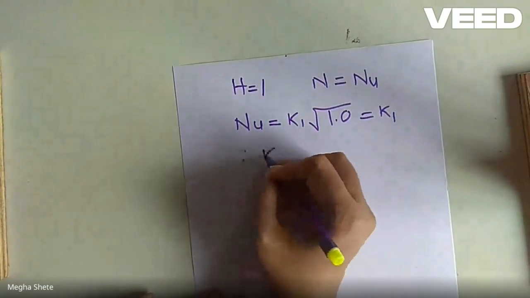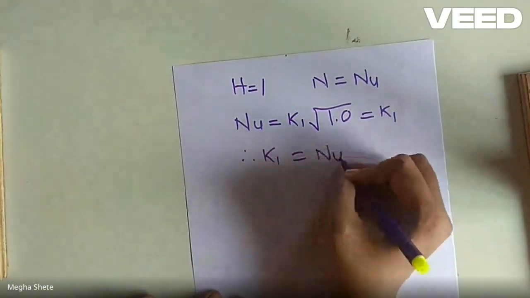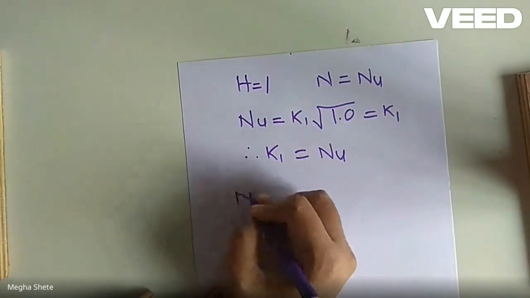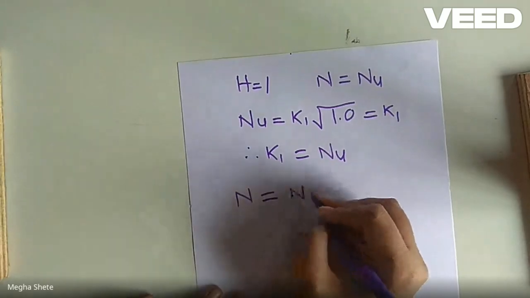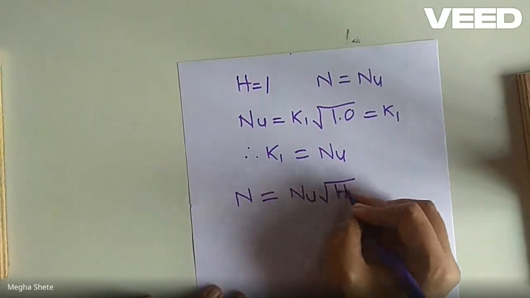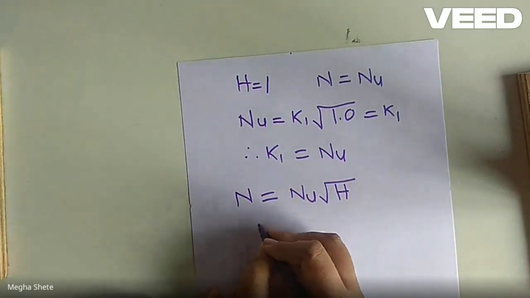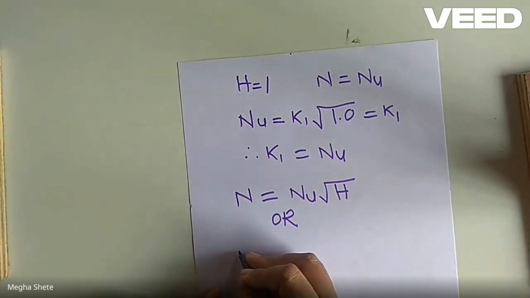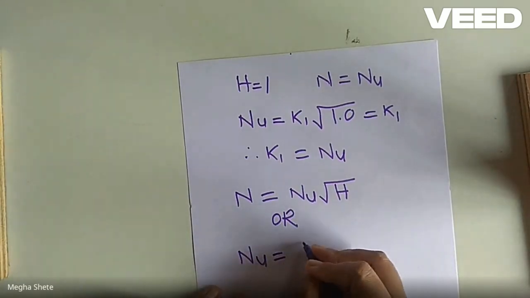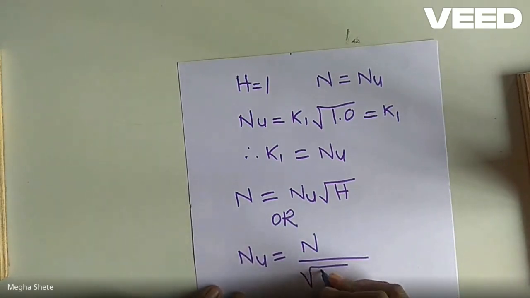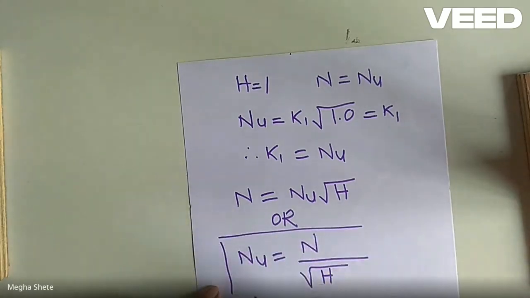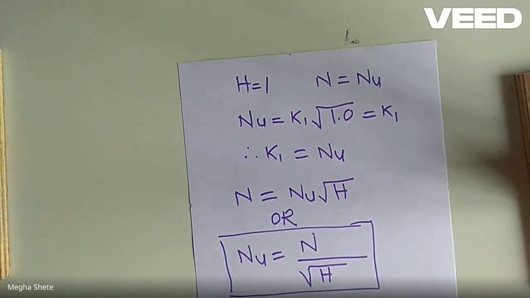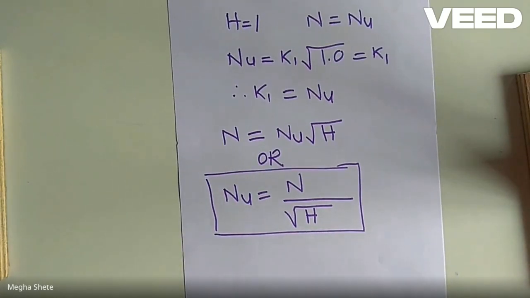Therefore, K1 is equal to NU. Now we can write it as N is equal to NU into square root of H, or we can write it as unit speed is equal to speed divided by square root of H. Okay, this is the equation for unit speed.